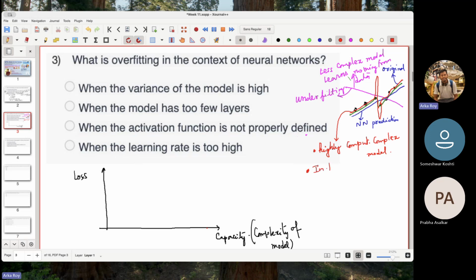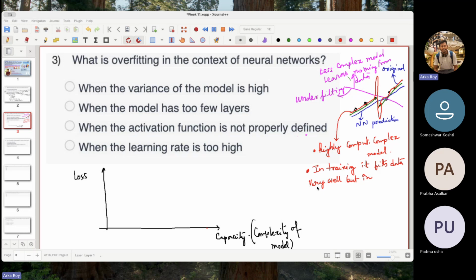In training time, it fits the data very well, which means the training loss will be as minimum as possible.